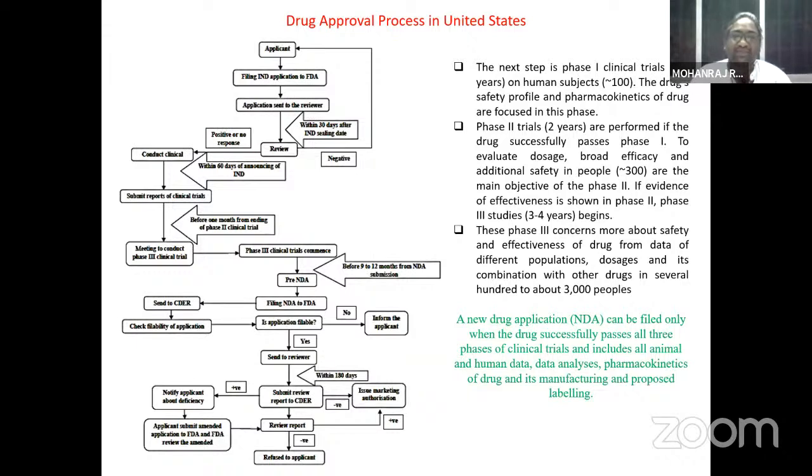A new drug application is completed and filed only when all these 3 phases have been successfully completed, which include animal study, human data study incorporating pharmacokinetics of the drug, and the labeling justification in terms of manufacturing.